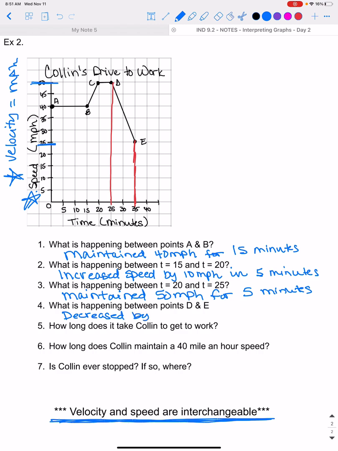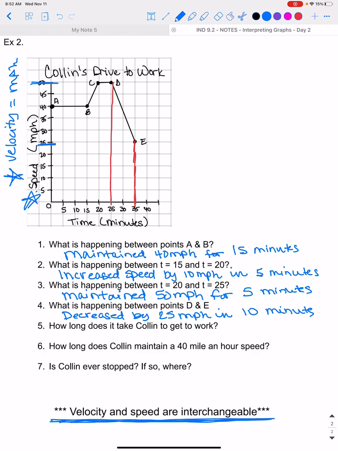He went from 50 down to 25. So he decreased by 25 miles per hour. In how long did it take him to do that? He just gradually slowed down, and he did that over 10 minutes. Right? Because from D to E on the time spot is 10 minutes.